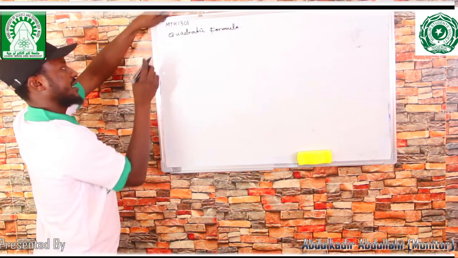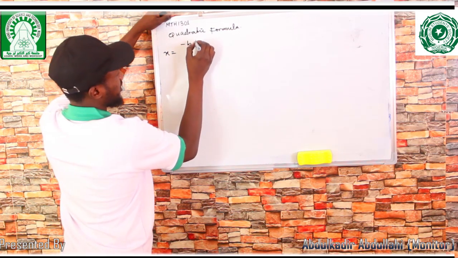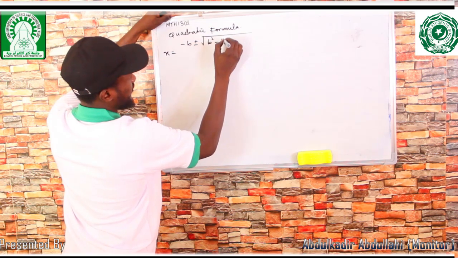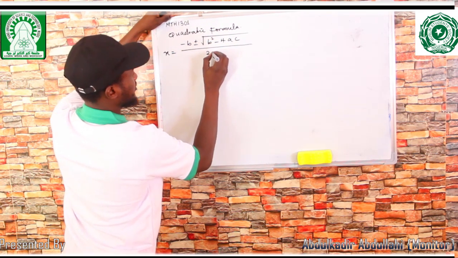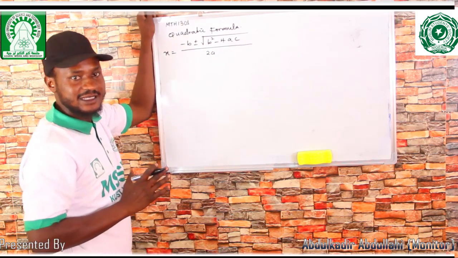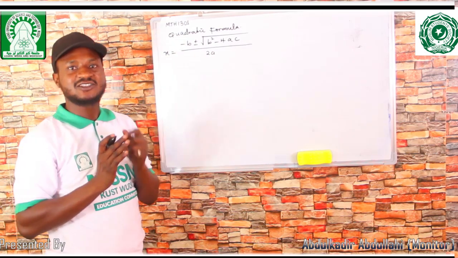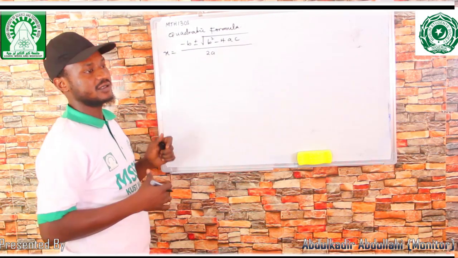Quadratic formula is given as x is equal to minus b plus or minus root of b squared minus 4ac, all divided by 2a. As I said, this quadratic formula is derived from the completing the square method.